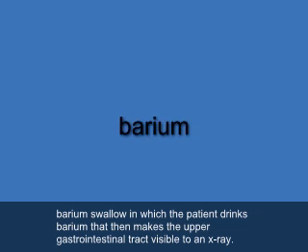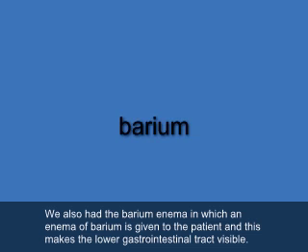That then makes the upper gastrointestinal tract visible to an X-ray. We also had the barium enema, in which an enema of barium is given to the patient, and this makes the lower gastrointestinal tract visible.